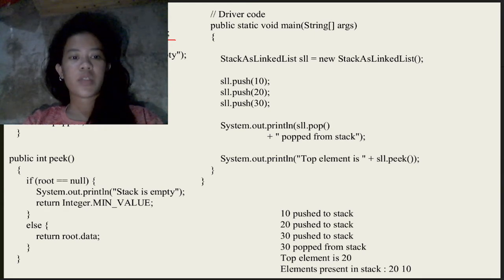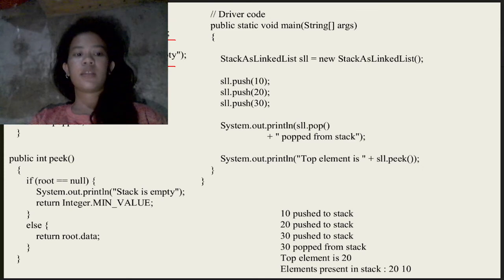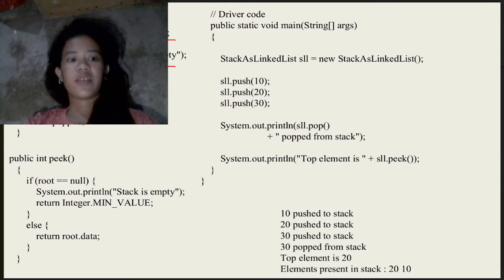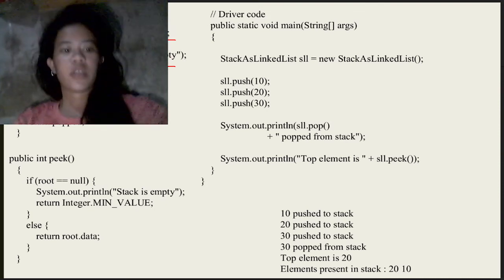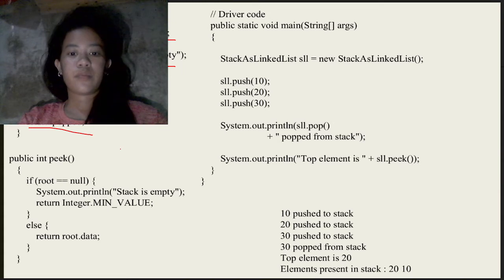If root is equal to null, it will print stack is empty, else pop root data. So if it is not empty, the last data will be removed using this. After removing the top data, it will return to pop, which means that the top data is already removed.